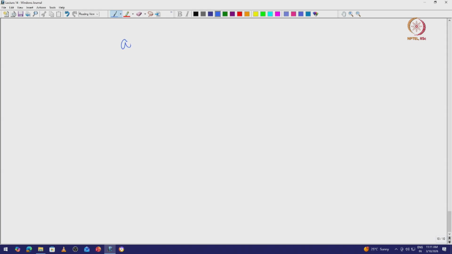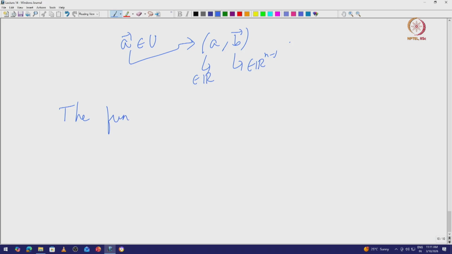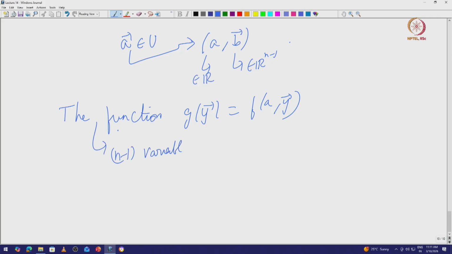So suppose you take the interior point A in U and you write this point as (a, b), where a is in R and b is in R^(n-1). Then this function g is C1 at y equals b.